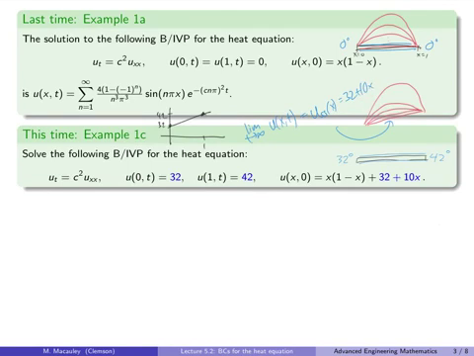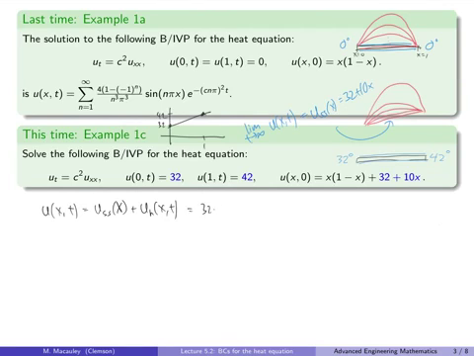The solution to this, not surprisingly, is, so this series of red curves is basically what we have up here, shifted by the steady state solution. So I'm going to write that as u(x,t) equals the steady state solution plus the homogeneous solution. Again, the solution to the homogeneous boundary value problem.